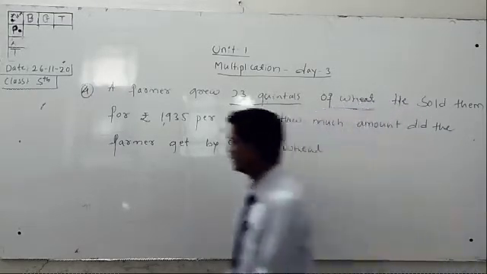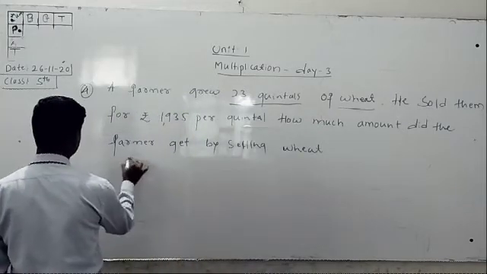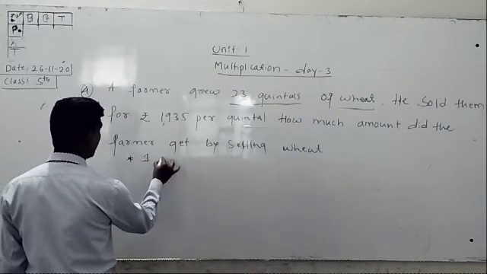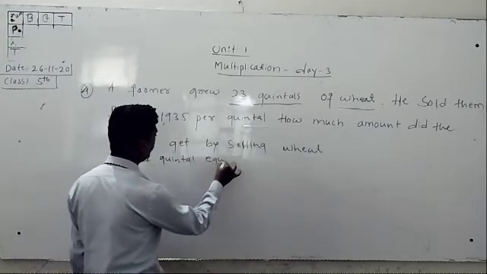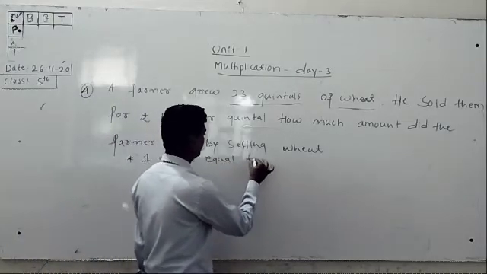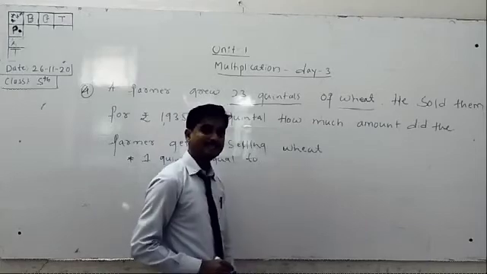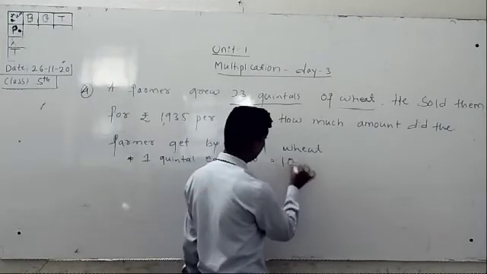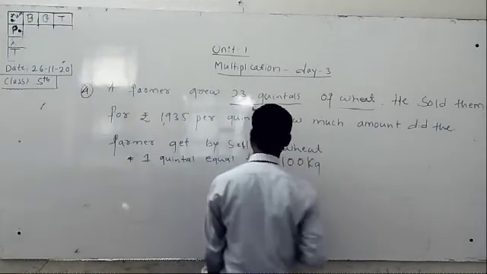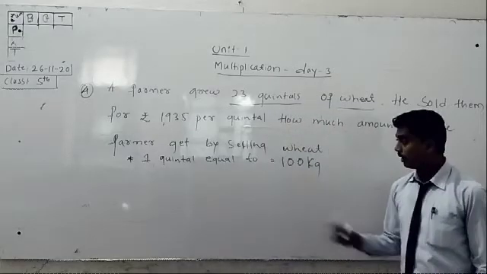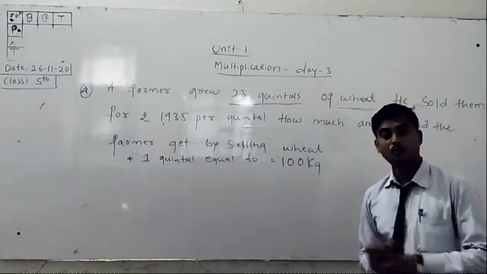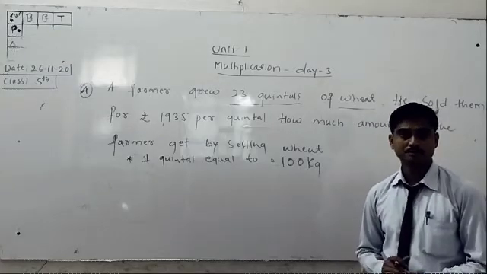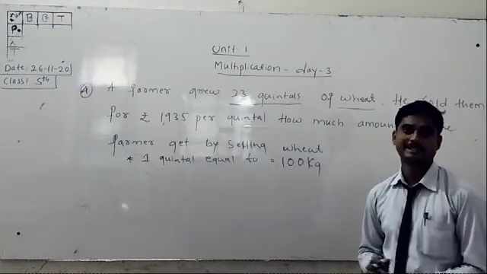Then tell me one question. 1 quintal equal to how many kg? 1 quintal equal to 100 kg. Remember in your mind, 1 quintal equal to 100 kg. Then 1 ton equal to 1000 kg.